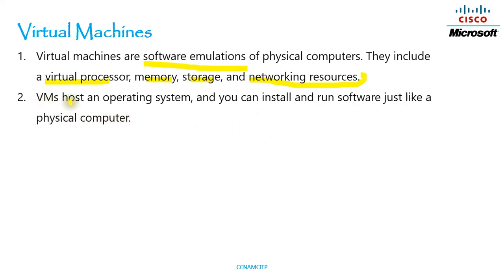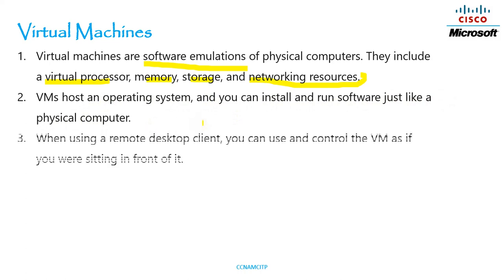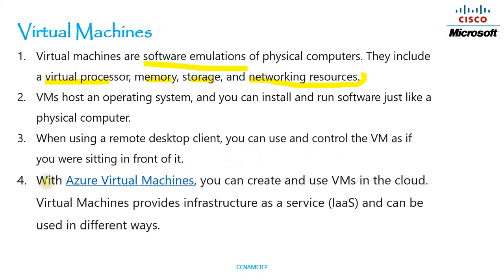And a virtual machine hosts an operating system, and you can install and run software just like a physical computer. When using a remote desktop client, you can use and control the virtual machine as if you are sitting in front of it. With Azure virtual machine, you can create and use virtual machines in the cloud. Virtual machines provide infrastructure as a service and can be used in different ways.